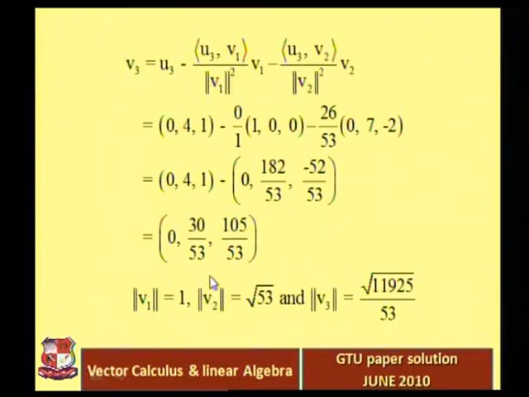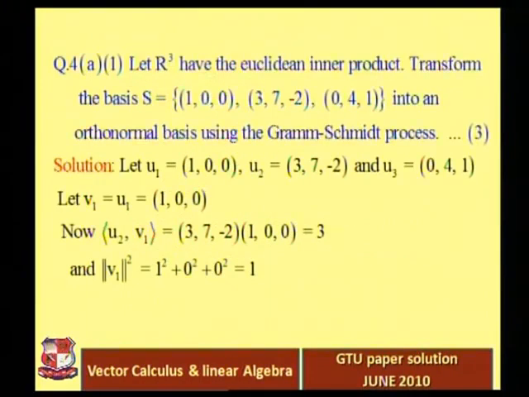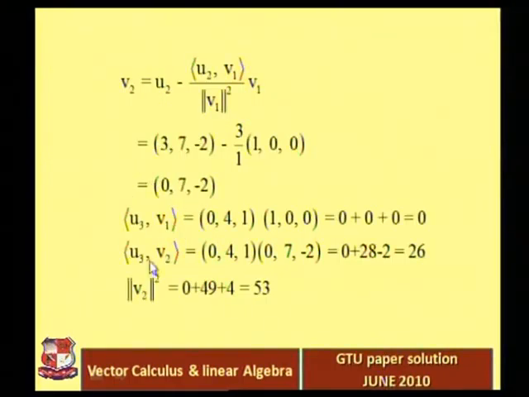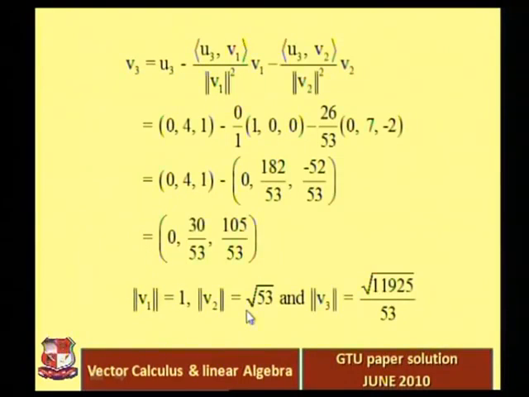But now we have to convert it to an orthonormal set of vectors, so that's why we find the norm of each vector. We know that norm V1 is 1, since V1 is (1, 0, 0). Now what is norm V2? Here norm V2 square is 53, so norm V2 is under root 53.